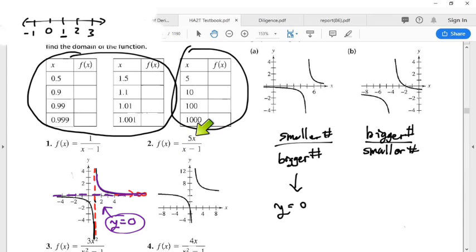What's the degree on the numerator? 1. What's the degree on the denominator? Uno, right? They're both 1. So when the degree on top is equal to the degree on the bottom, you look at the leading coefficients to find your horizontal asymptote. For the top, the leading coefficient is 5 because it's connected to this x.